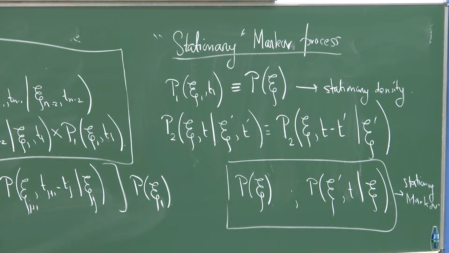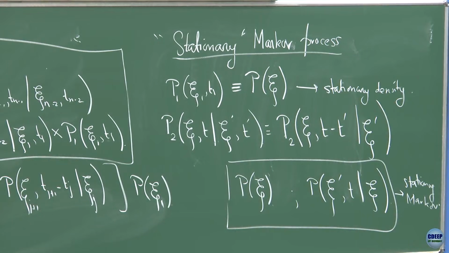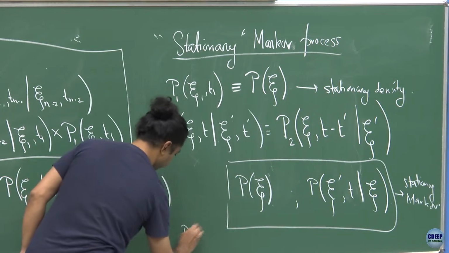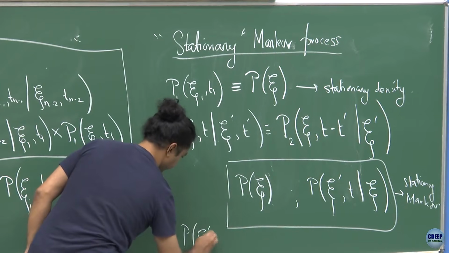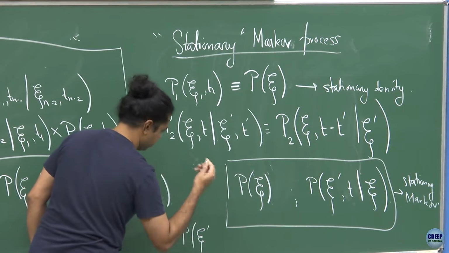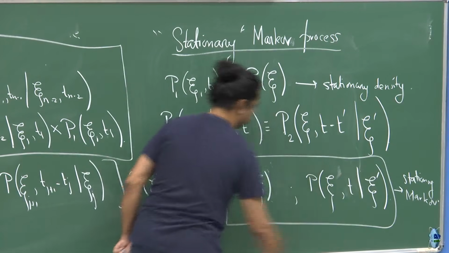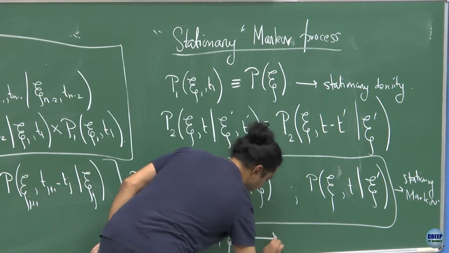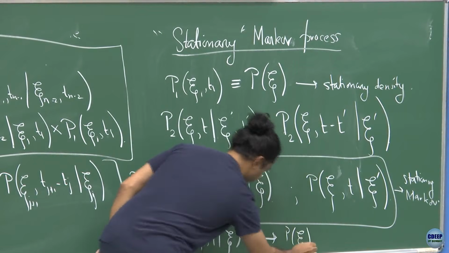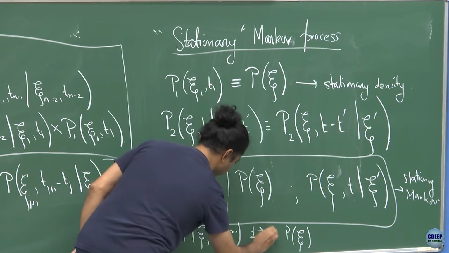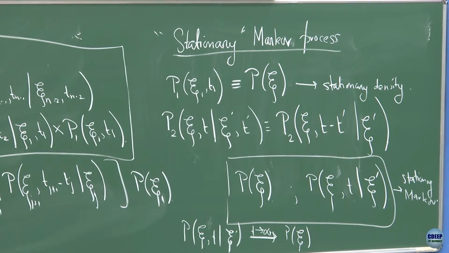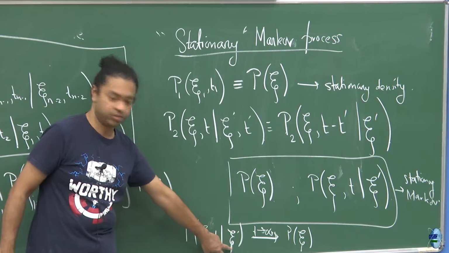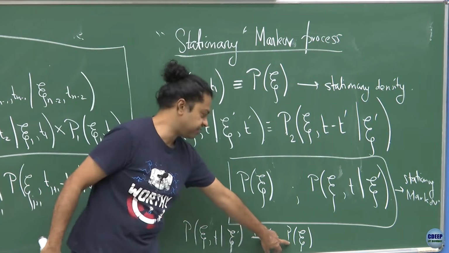Sometimes people will make a stronger approximation of mixing and say that this transition probability P of xi comma t given xi prime will approach P of xi as your time goes to infinity, which essentially says that if you waited long enough, you lose all memory of where you started out from, and then it just becomes a function of the stationary density P of xi.